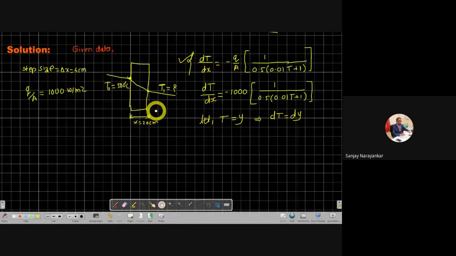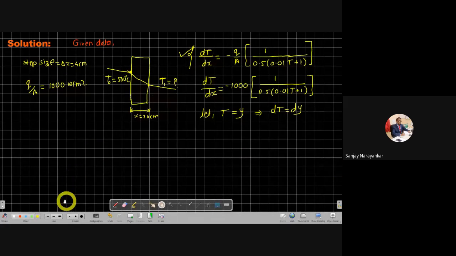So simplifying, if I'm using T equal to y, what equation are we getting? dy by dx is equal to minus 1000 in bracket 1 upon 0.5 into 0.01. Now T we have to replace by y plus 1. Okay. So this is your equation. Right? You can further simplify this if you want.